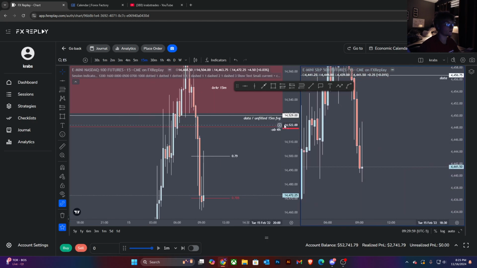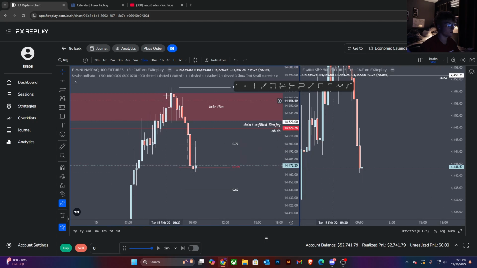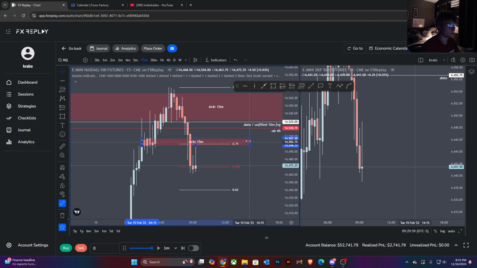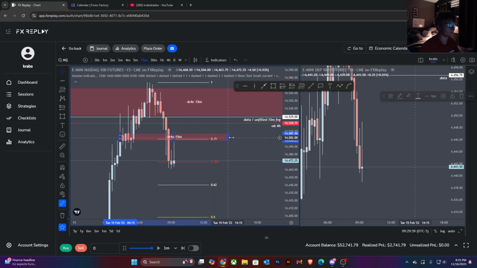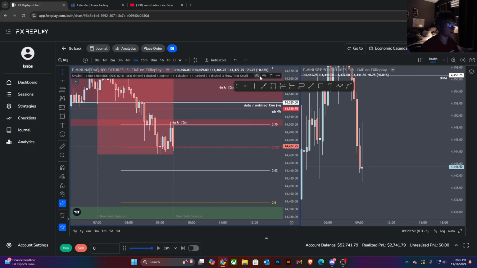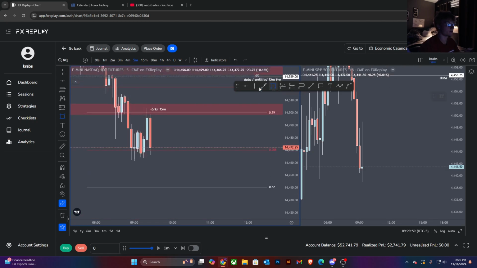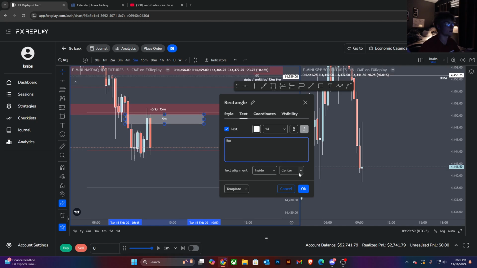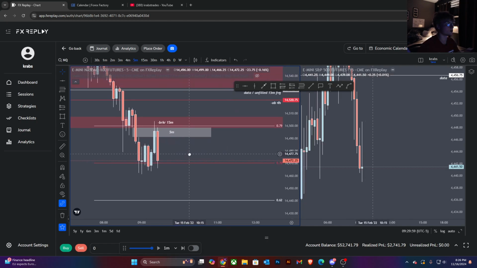Not on ES though. High, low, higher high. This area here is like a bearish breaker. We wicked out of that zone as well. So yeah, shorts look good here. Also holding this bearish fair value gap on the 5-minute. So yeah, everything's lined up from the higher time frame to the lower right now for shorts.